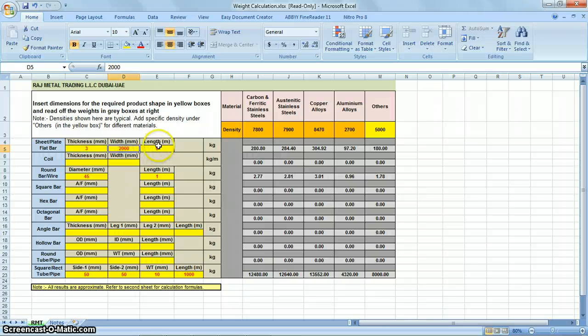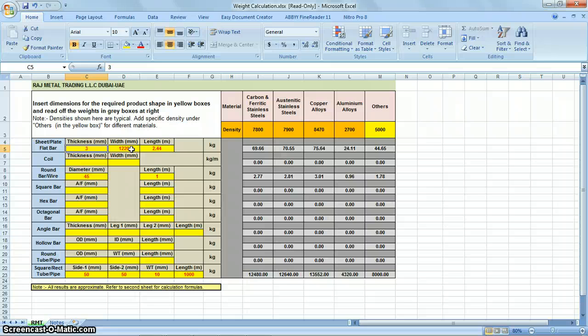And if it is, for example, 4 feet by 8 feet, these are very common dimensions which you need to remember. 4 feet by 8 feet is 1.22 meter, that is 1220, and 8 feet is 2.44 meter, and this is 3 milli. However, I advise you to remember some of the very common weights of 1 milli thickness.